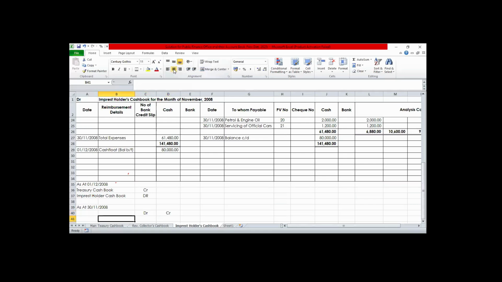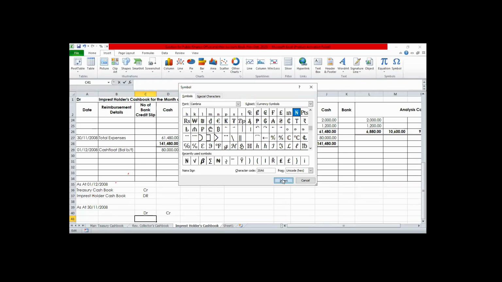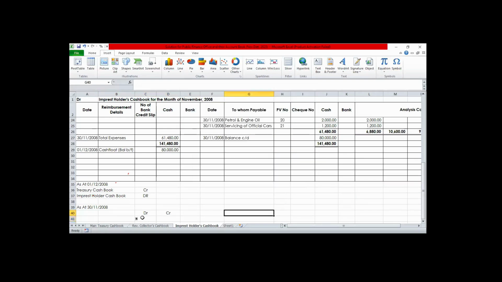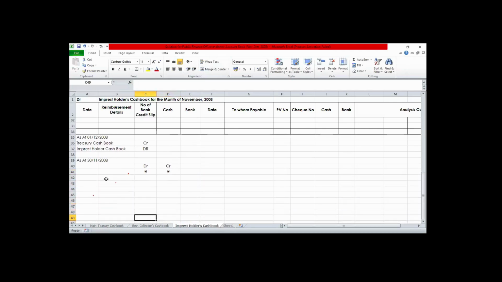Cash. Now, the interest holder received what?